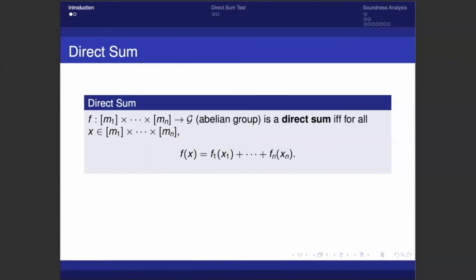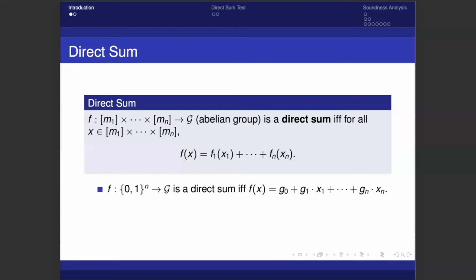A direct sum is a function from a product domain to an abelian group that can be written as the sum of univariate functions on the coordinates of the domain. Of particular interest to us is going to be the setting where the domain is the Boolean hypercube.